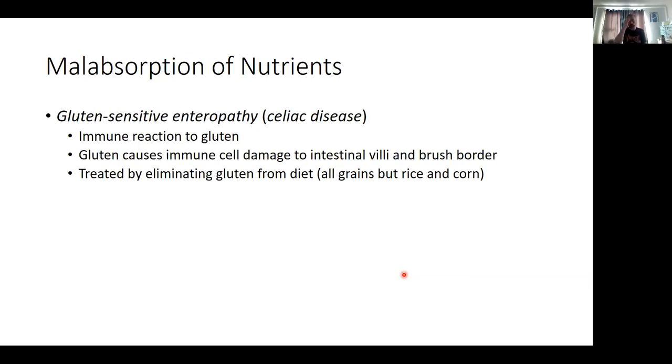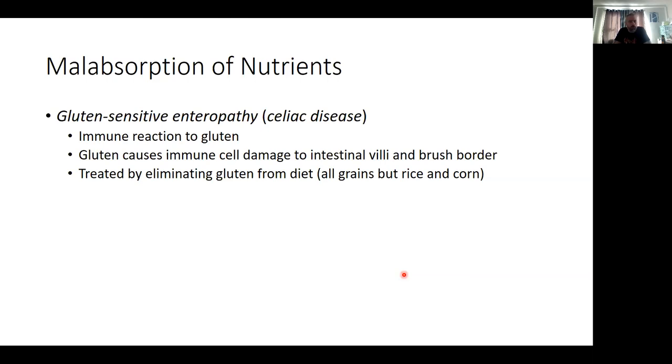Something we hear about a lot these days is called gluten sensitive enteropathy, right, or celiac disease. This is a really awful thing to have happen to you. You have an immune reaction to gluten, okay? And gluten is present in basically all grains except for rice and corn, which really limits what you can eat, kind of a problem.